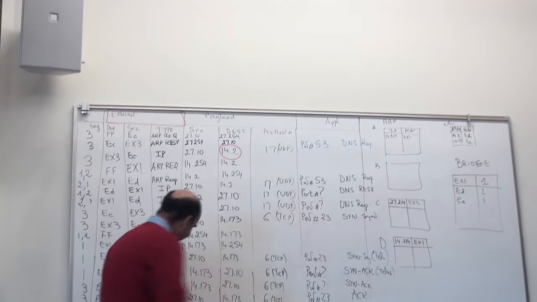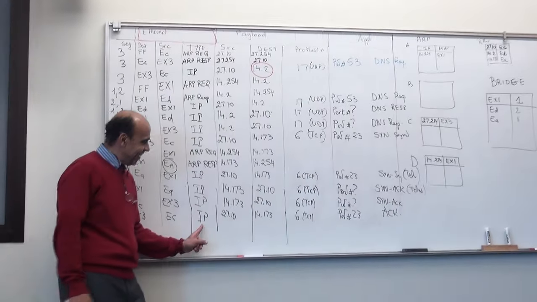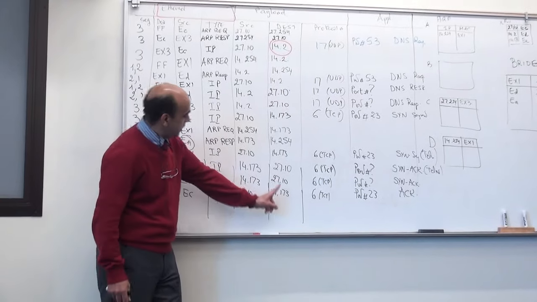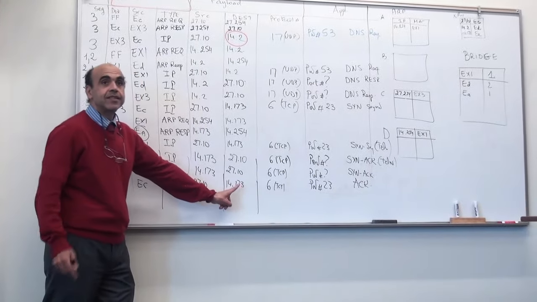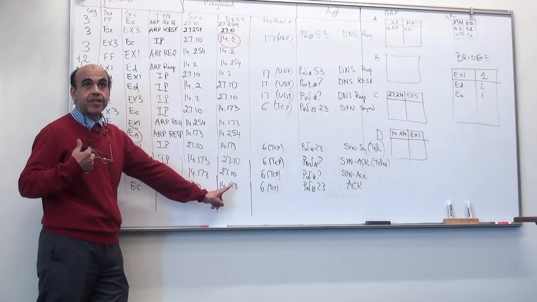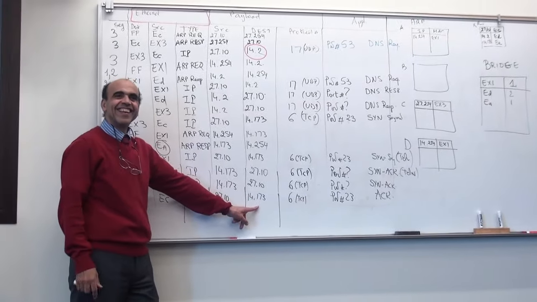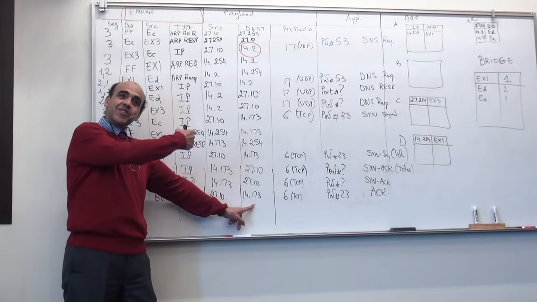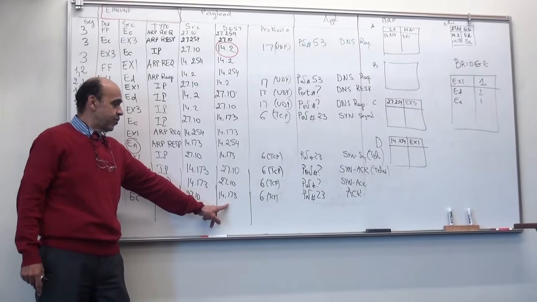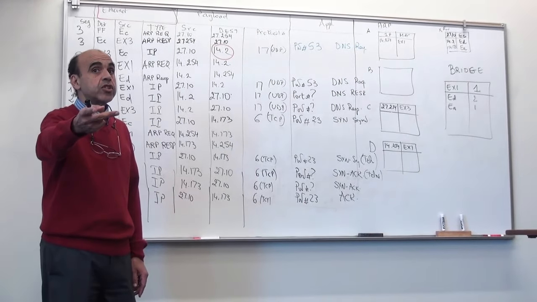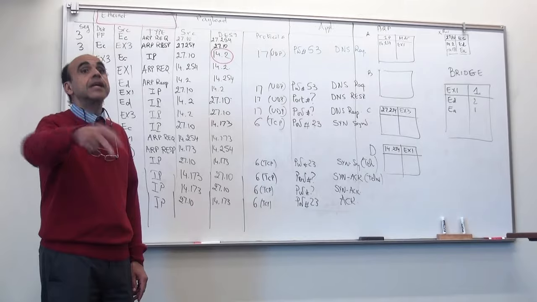So, it gets to IP, right? First question: the destination is this guy, so is it for me? It's at the router, and it's going to A, so the answer is no. Then the second question: is it local?